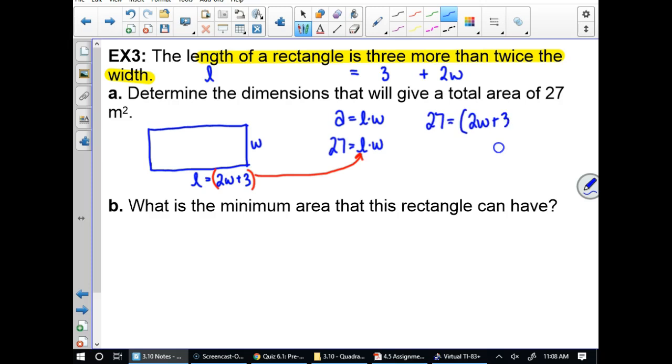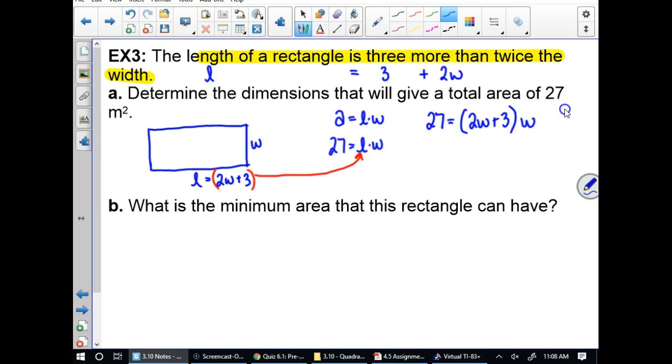Make sure you put it in parentheses whenever you put it there, and times W. Now that did make my equation look a lot more complicated, but everything is in terms of W now. So I can solve this because it only has W's in the equation.